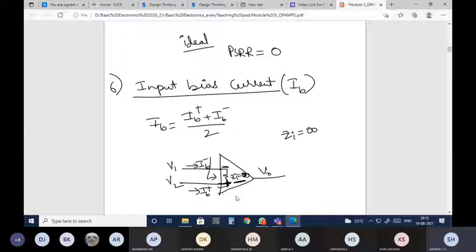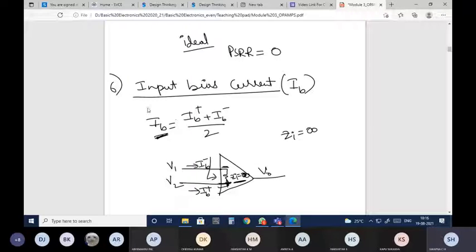Zi ideally should be equal to infinite. Infinite in the sense there is a very high resistance here, so it will not allow the current to flow through it. Okay, IB minus and IB plus, whichever I have considered here, the current should not flow through it. Okay, but the IB practically won't be equal to 0, but ideally it will be equal to 0.